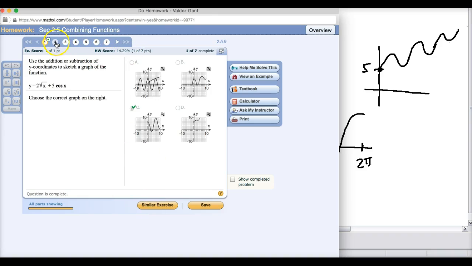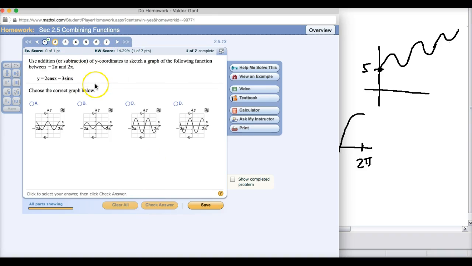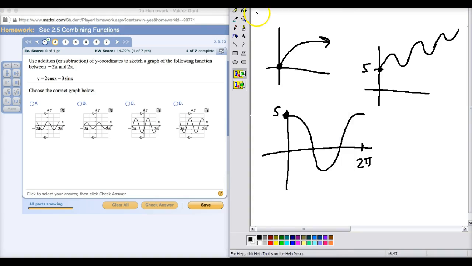All right, let's move on to number 2. For number 2, what we want to do is take 2 cosine x and subtract 3 sine x from it. All right, so coming back here, we'll go ahead and erase these graphs that we did last time.